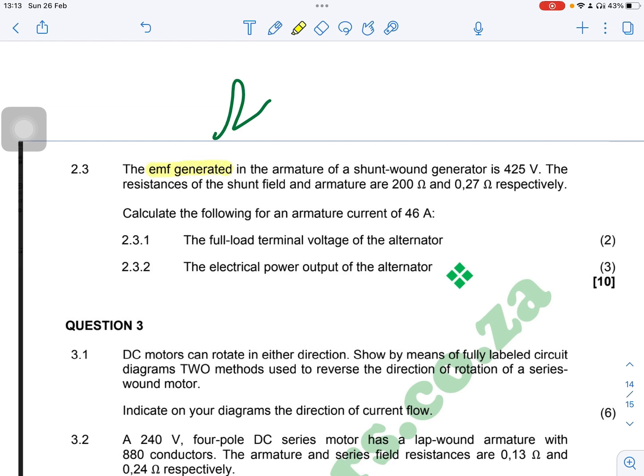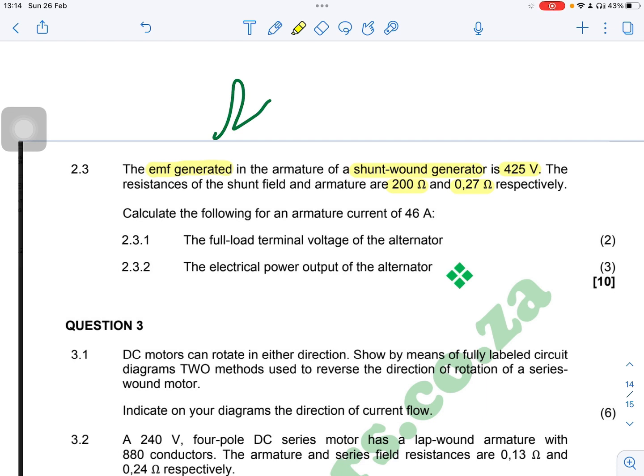But okay, the generated EMF, let us highlight that. That is important information in the armature of a shunt wound generator. It's important, guys, that you underline what type of machine it is, if you are told. It is 425 volts. We are given the resistance of the shunt and armature: the resistance of the shunt is 200 ohms and of the armature 0.27 ohms respectively.